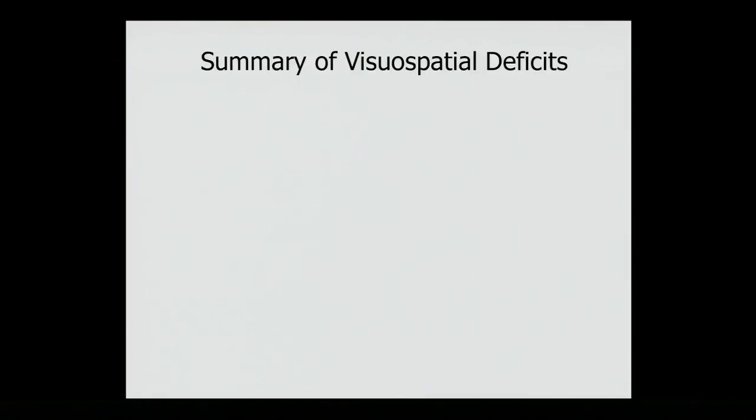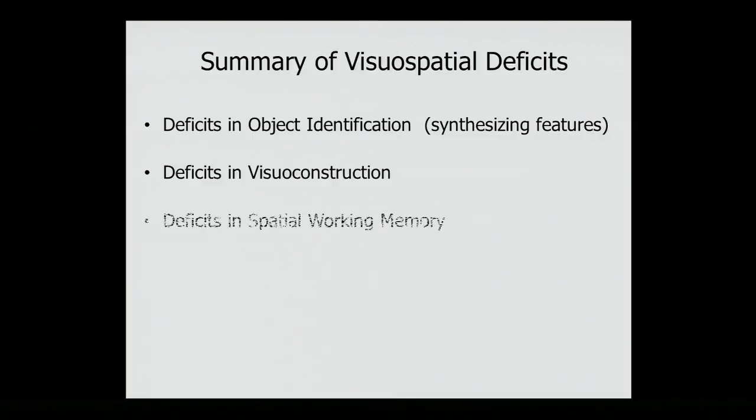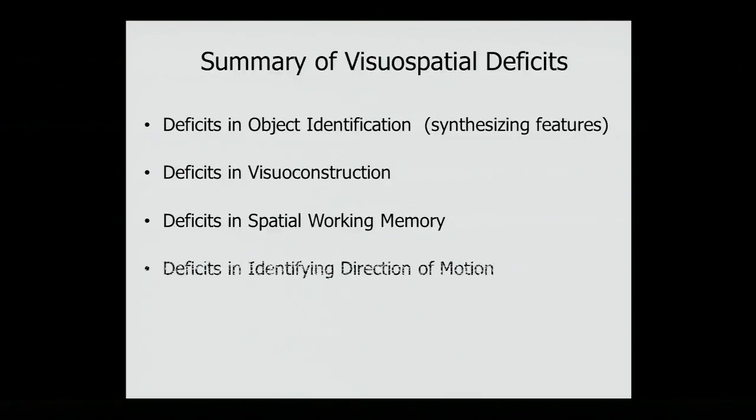So just to summarize, what we see in patients with dementia, particularly Alzheimer's disease and dementia with Lewy bodies, are deficits in object identification, particularly if you have to synthesize the features. Deficits in visual construction that you can see on drawings, or I didn't show you, but three-dimensional objects, building three-dimensional objects. They show deficits in spatial working memory that could be related to hippocampal dysfunction as well as their other visual deficits.